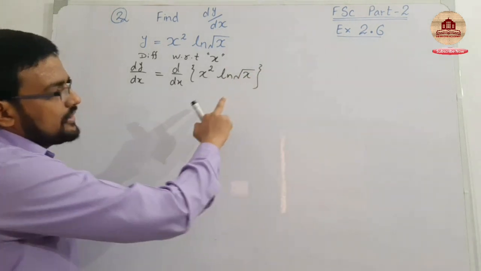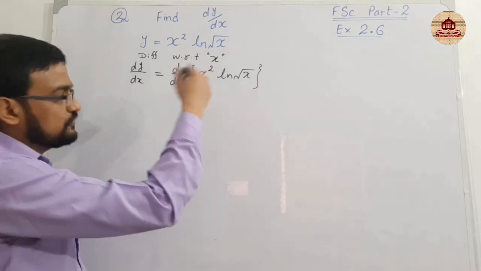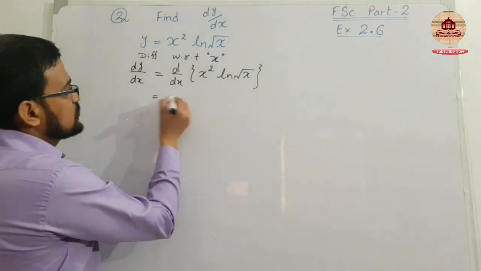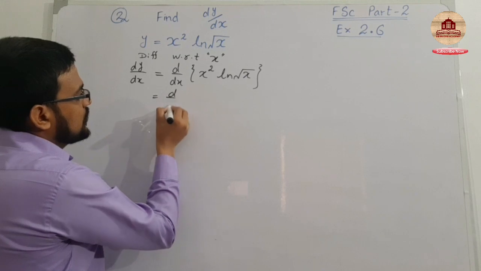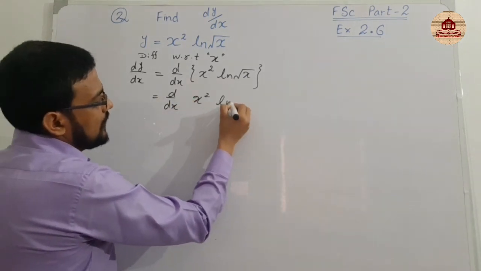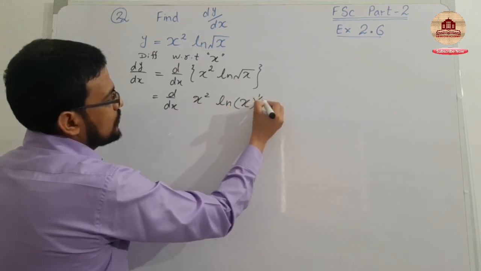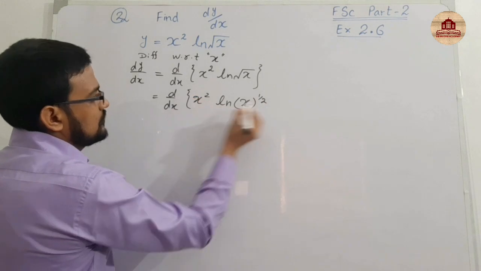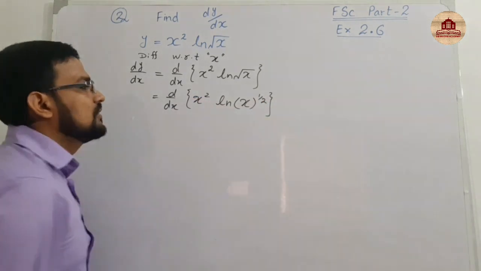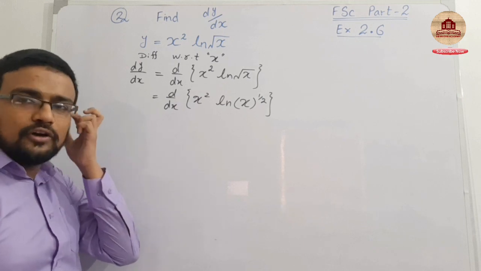Students, here square root of x means the power of 1 by 2. So first of all, convert it into ln of x raised to power 1 by 2. And you know about the laws of logarithm.